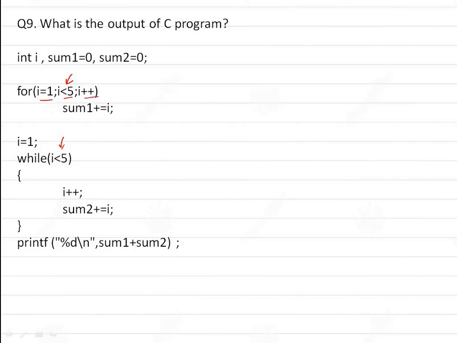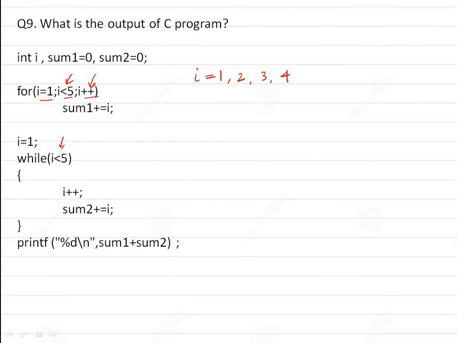and i++. So in the first loop, the value of i will start from 1, and since it is incremented by step 1, the value of i will go like this: 1, 2, 3, 4. Why up to 4? Because the condition is that i should remain less than 5.